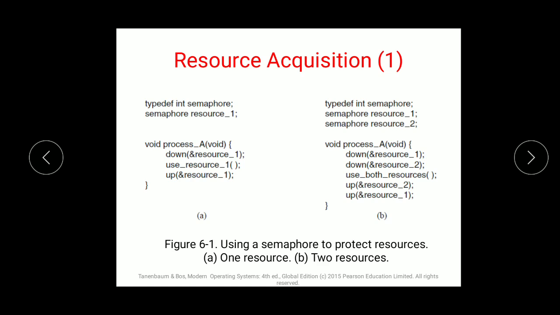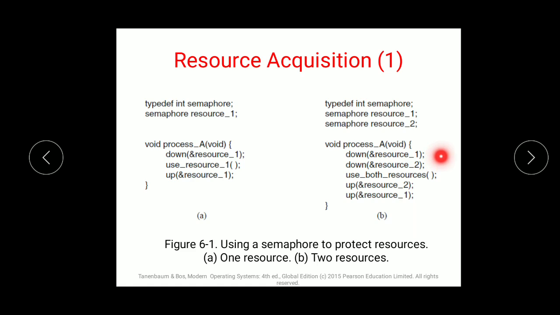The second one is type definition int semaphore, with semaphore resource 1 and semaphore resource 2. They have described two resources here. They have created process_a, void main. You can use it further as well.